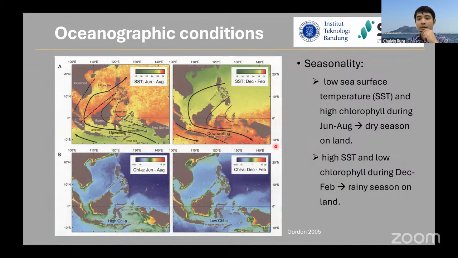This will increase the sea surface temperature and also increase precipitation, causing the rainy season. So this is sometimes why I think our seasons are opposite from each other. If I'm not misremembering, when you are in the rainy season on the mainland, we are in the dry season, and when you are in the dry season, Indonesia will be experiencing rainy season, if I'm not mistaken.